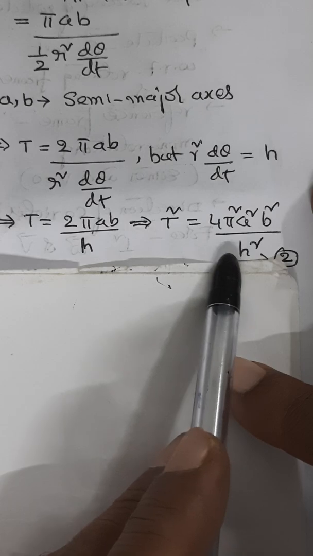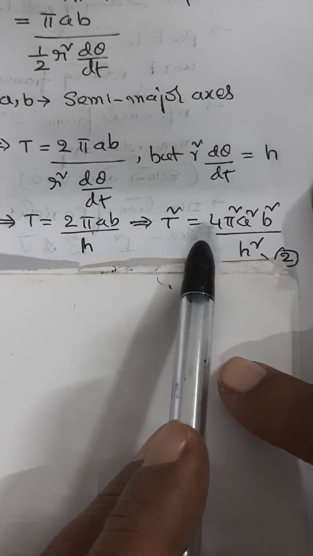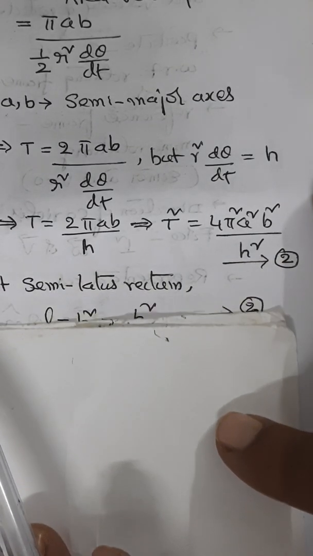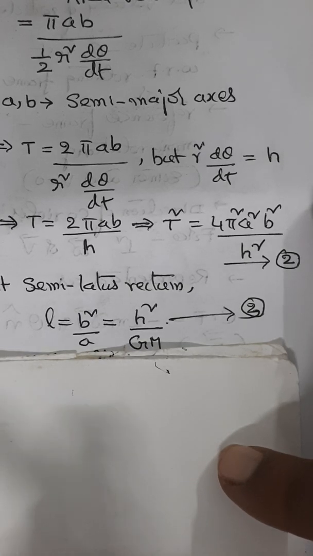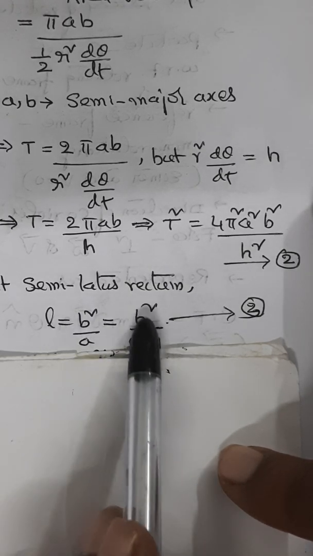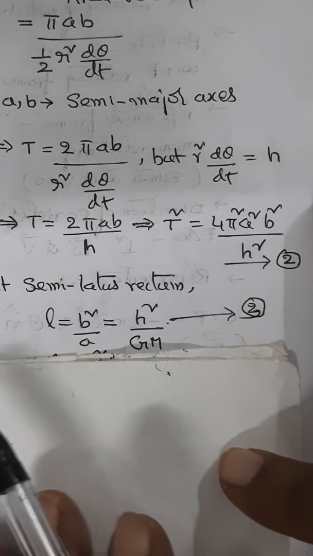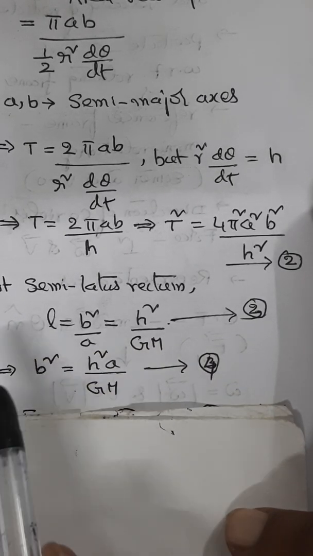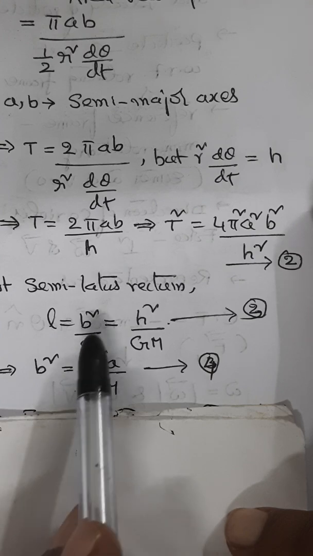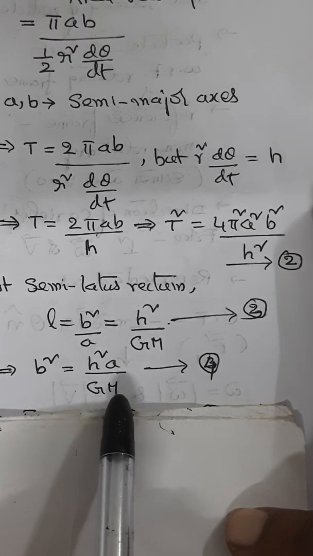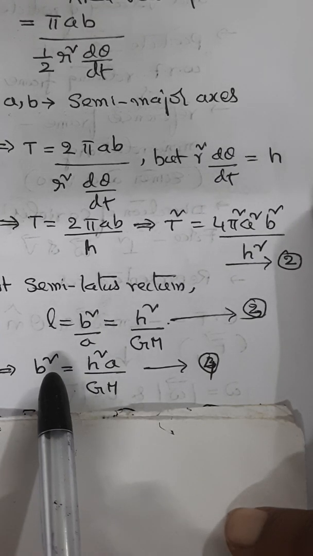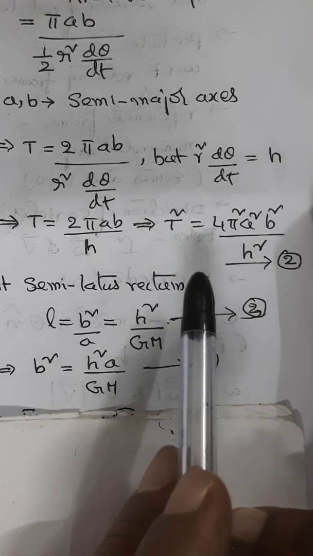Now interestingly, for the semi-latus rectum, you can write b²/a as L, and that is nothing but h²/GM. So b² will be, by cross multiplying, h²a/GM. Substitute the value of b² in this equation.